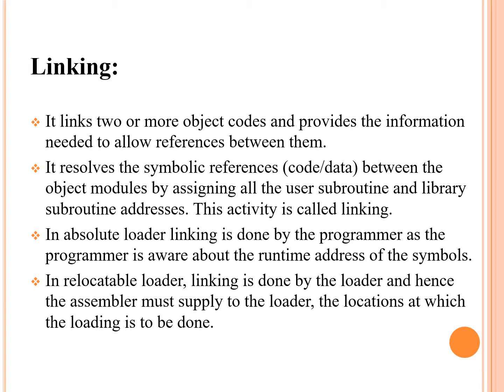This activity is nothing but linking. In an absolute loader, linking is done by the programmer, as the programmer is aware of the runtime address of the symbols. In a relocatable loader, linking is done by the loader, and hence the assembler must supply to the loader the locations at which the loading is to be done.